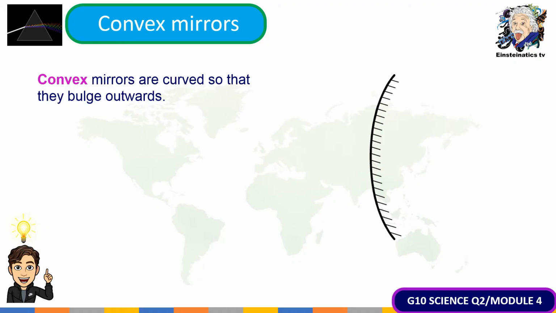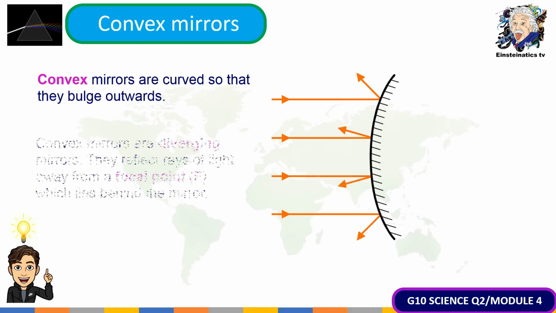The next type of spherical mirror is known as convex mirrors. So yung convex mirrors naman, kung makikita natin, are curved so that they bulge outwards. Kung kanina, bulge inwards yung concave, yung convex naman, they bulge outwards.